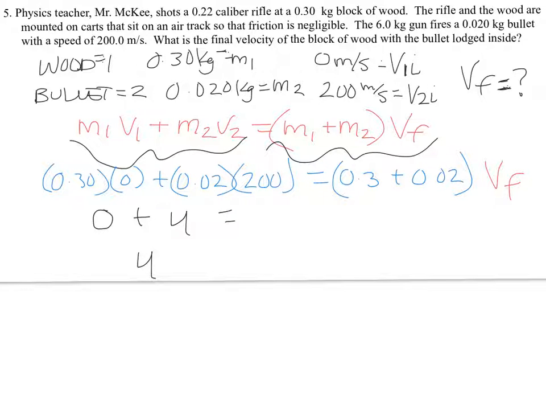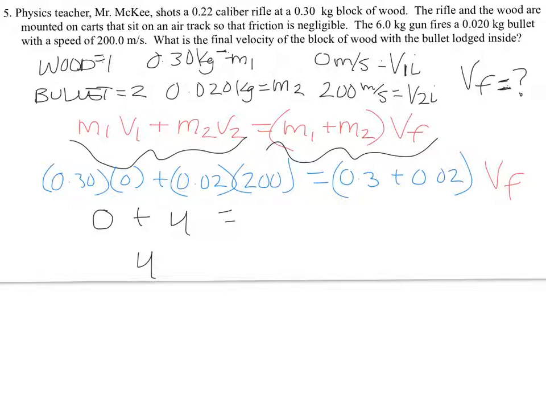The bullet has all the momentum right now, but once it hits the wood, the wood's momentum is going to increase, so the bullet's momentum has to decrease. So we should assume that if the bullet was going 200 meters per second, the wood block and bullet would be going less than 200 meters per second. We'll see if that's true, but let's add them up.